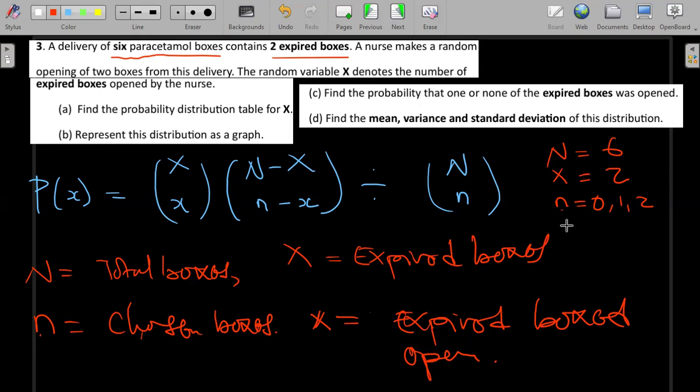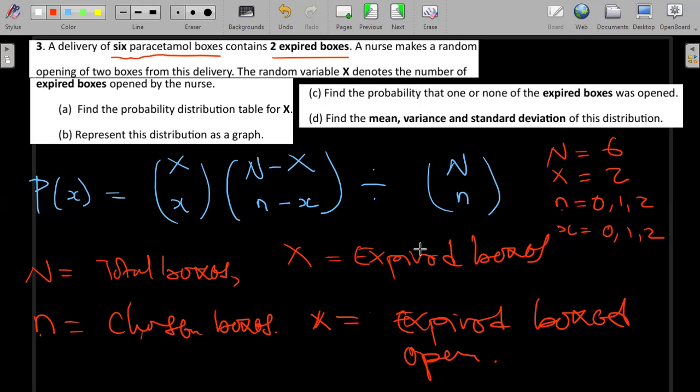The small letter x, let me write it this way, is the number of boxes that are expired that will be opened. That is what we're going to be putting here. I think this small letter x is the one that will be changing, so it will take 0, 1, and then 2.